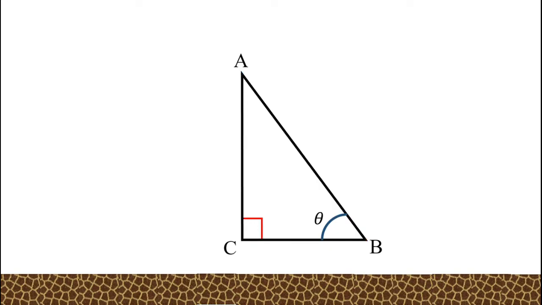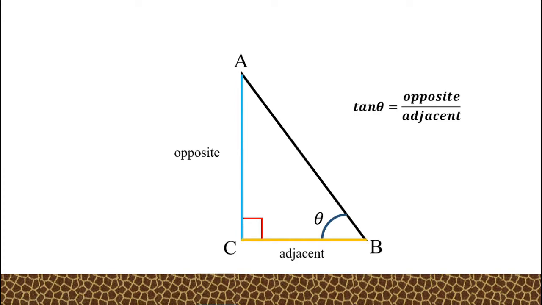Now, if we use tangent theta equals opposite over adjacent, or your TOA, the opposite side of your theta is colored blue, and the adjacent side of your theta is colored orange.